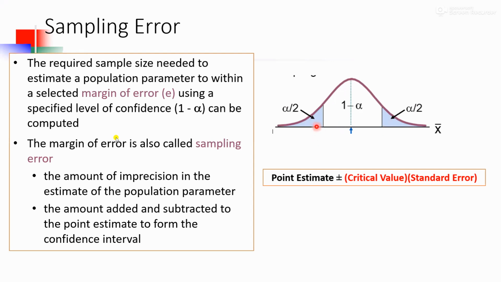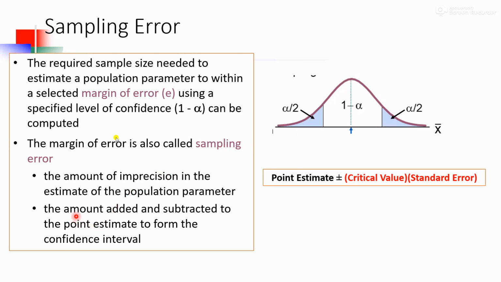Or beyond this side also, the parameter will be outside of the confidence interval. So we are allowing alpha % for wrong results, and 1 minus alpha %, our true value will be included in this interval, at 95% confidence, right? So this length is called the margin of error. This amount and this amount is called the margin of error.